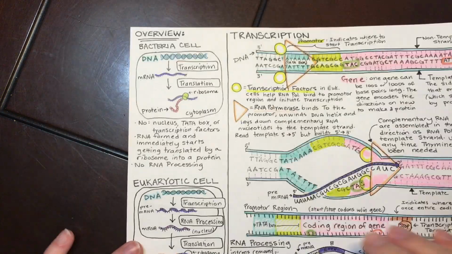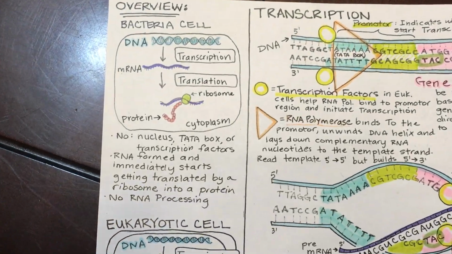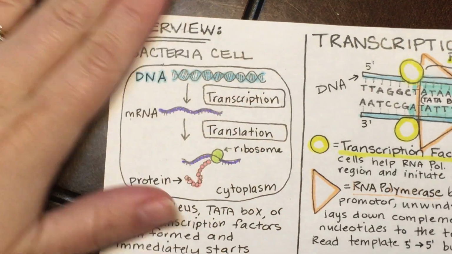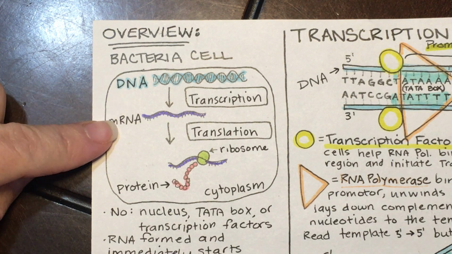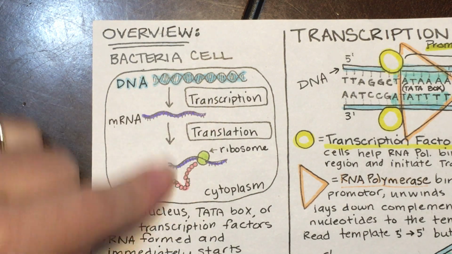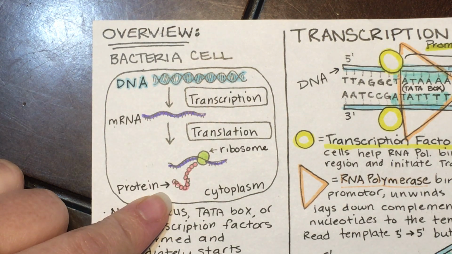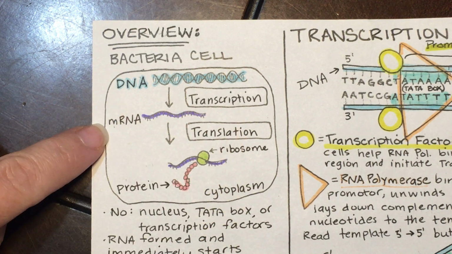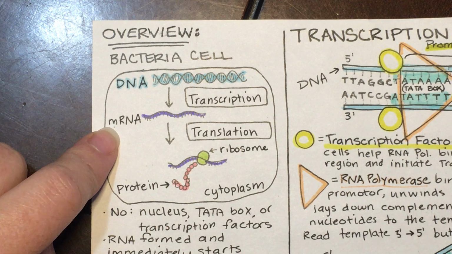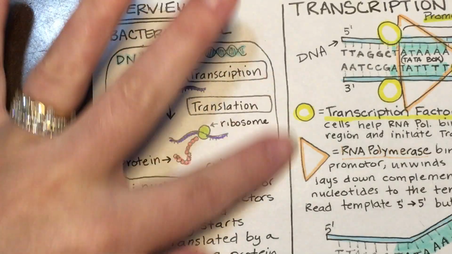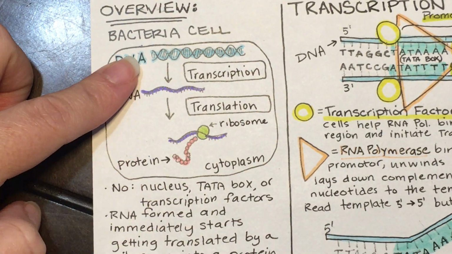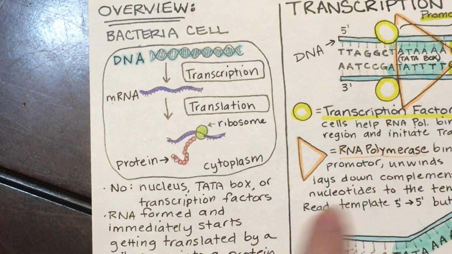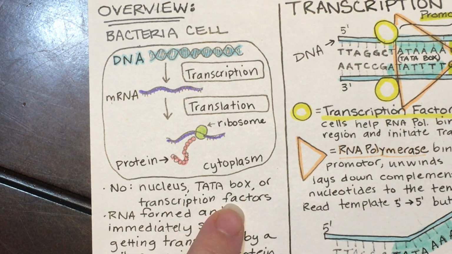So, over here, for an overview, if we are talking about going from DNA to RNA to proteins, that's what we refer to as the central dogma, and transcription is the process of going from DNA to RNA, or specifically mRNA. If this is a bacteria cell, remember no nucleus. There's also no Tata box, which we'll explain in a moment, and no transcription factors.